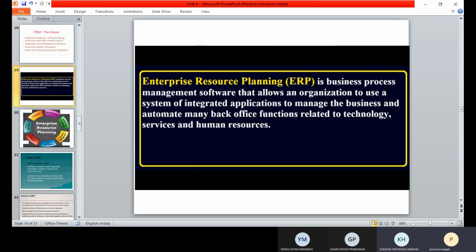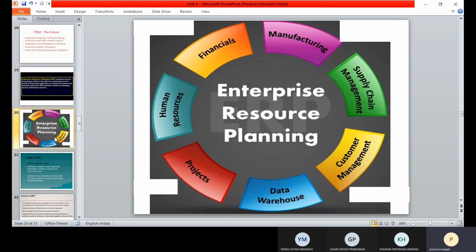सो आपण ERP बद्दल आता मी थोड्या ज्या काही मला वाटलं त्या स्लाइड्स मी मेन्शन केलेल्या आहेत. सो ERP, that is enterprise resource planning.